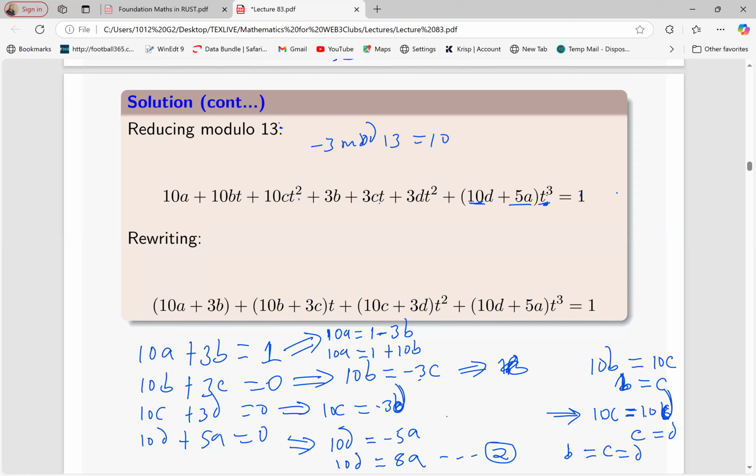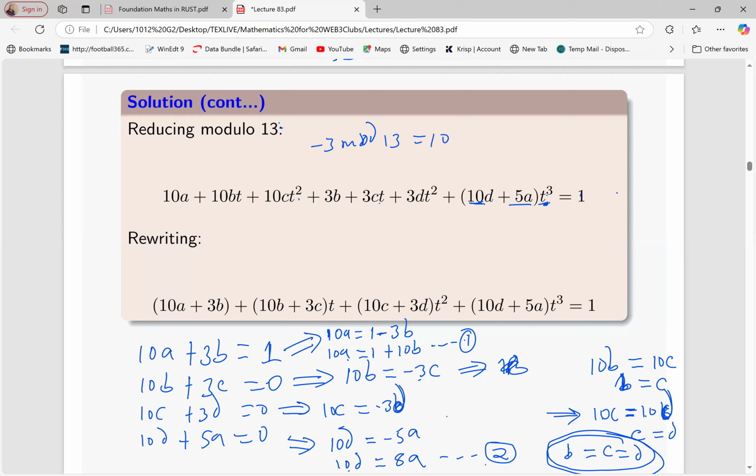Now, what is interesting about this equation 1 and equation 2? Look at equation 2, look at equation 1. So that means where there is b, we can write d, because b equals d. I'm looking at equation 1 in conjunction with equation 2. I want this to be 10b.